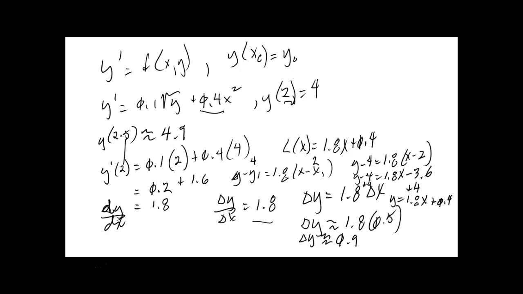And then creep again and do the same linearization and do another 0.1. That got you to 2.1. Then you do 2.2. Then you do 2.3. But every time, your next y becomes your last y, and you creep forward from that one. Okay, and that's what they're suggesting that you do here.